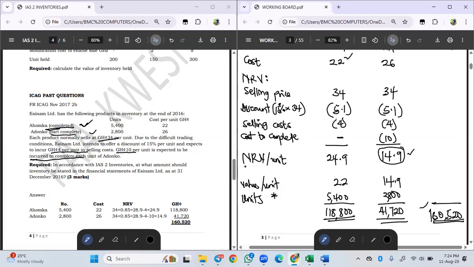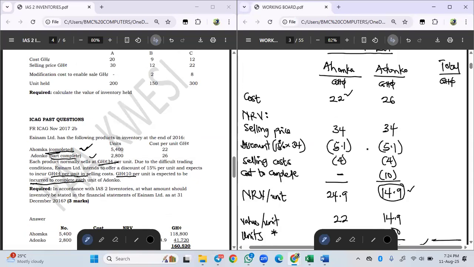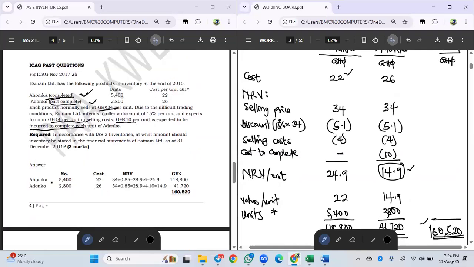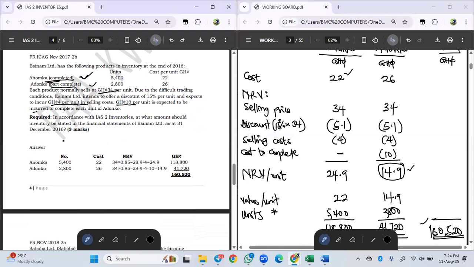When you go to the balance sheet, that is the statement of financial position, and the current assets. So there's a simplified one. We all got the same answer, so no problem.